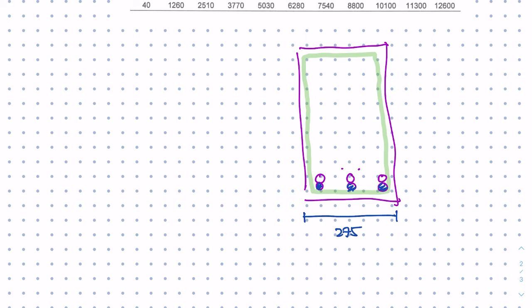So you dah tolak link, so link ni punya width hilang diameter dia. And then you tolak lagi dengan concrete cover. Okay, what's left here is this spacing. So space dia bahagi dengan 2 sahaja, bagi 2. Bukan bahagi dengan number of bar minus 1 sebab you letak dia stacking.